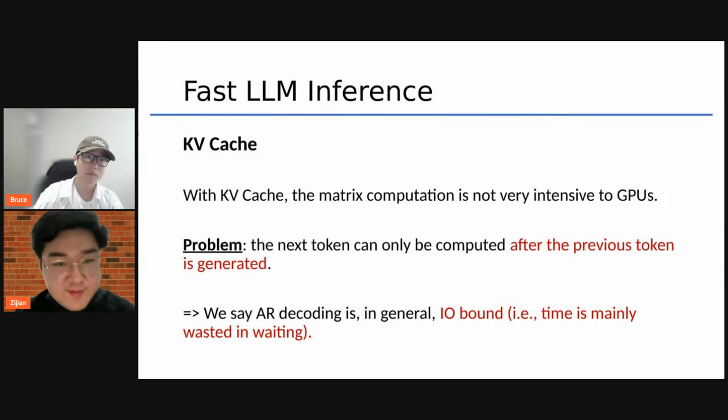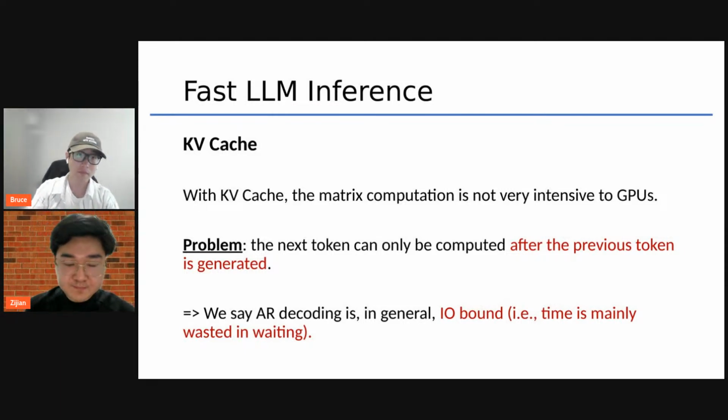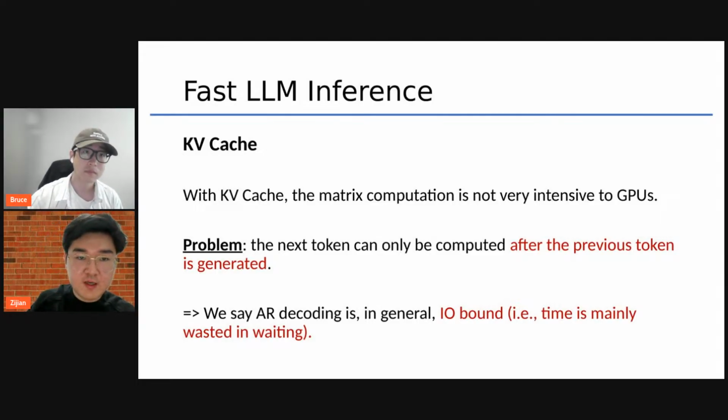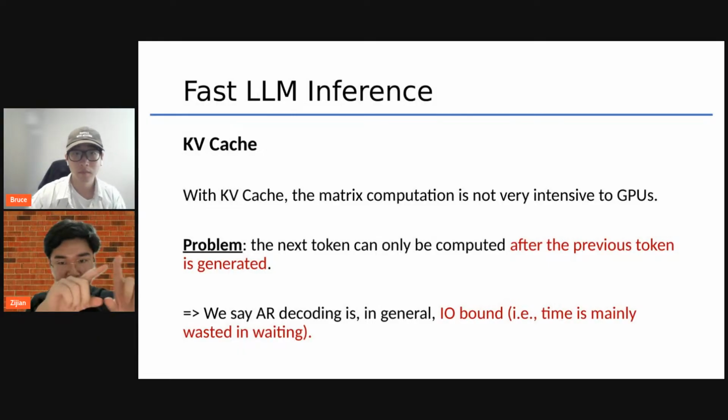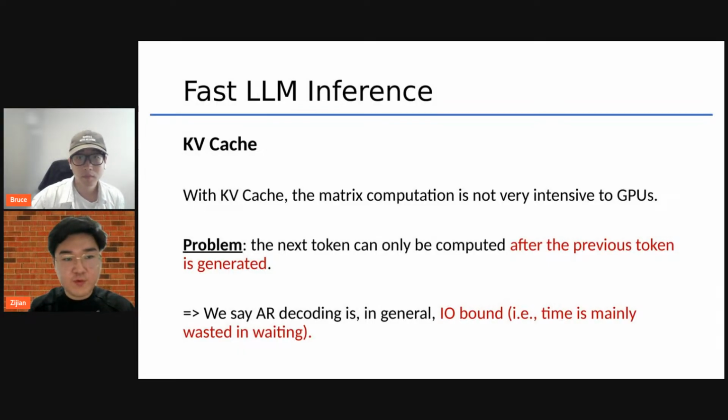Now, with the KV cache, we can save a lot of time on matrix computation. This computation is actually not very intensive for the GPUs because the bulk of the matrix computation has already been cached. You don't have to recompute it again. Every time you just compute that very tiny part of the matrix computation.